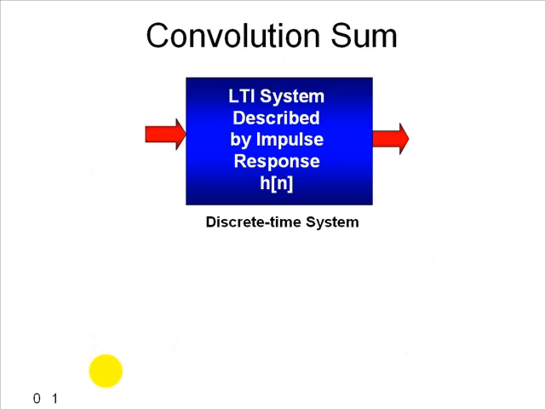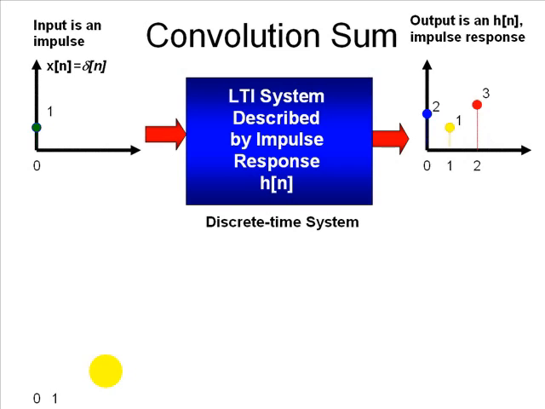Once again, let's work toward our convolution sum. Here we have a discrete time system described by our impulse response. Let's say we have an input impulse located there, and our corresponding output response is given as follows. So for a single impulse with amplitude 1, we have this sequence right here called the impulse response, denoted by h of n.